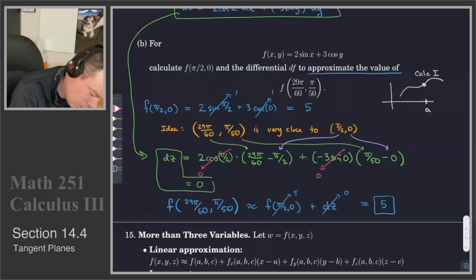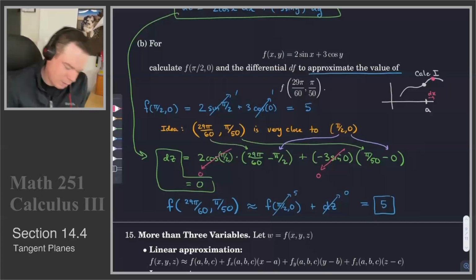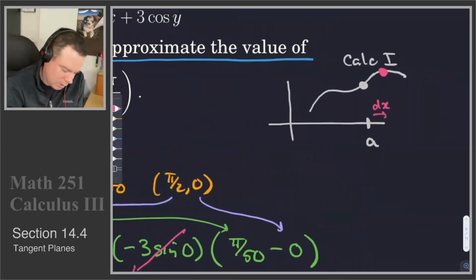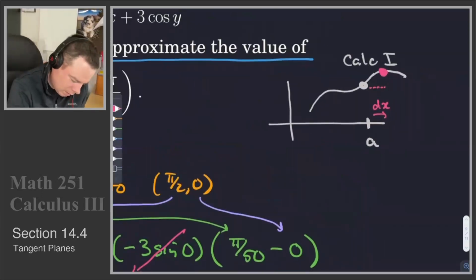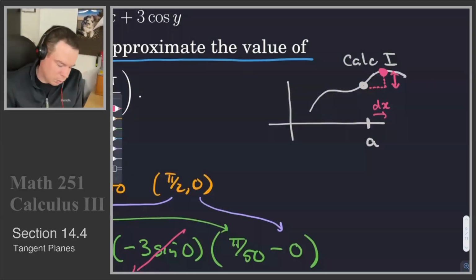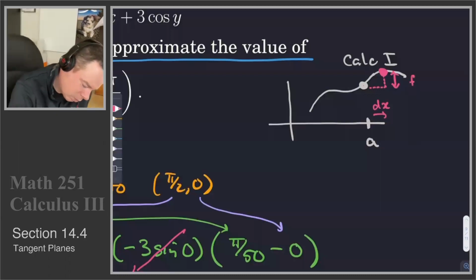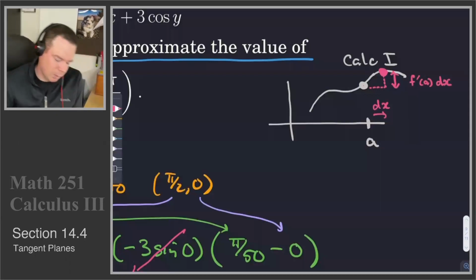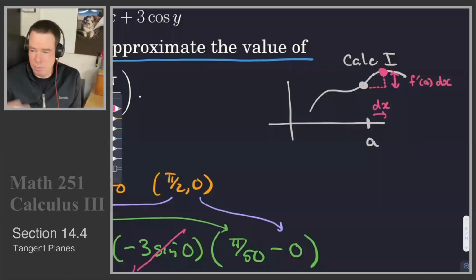And I'd like to know if I moved dx away, what's the value of the point up here? Well, if I move dx away, to figure out what my jump is, I just need to know what the derivative is at that point. So I'd work out the derivative at a, I'd multiply it by how much I moved over by. That would give me the jump. And so that's my change in y.